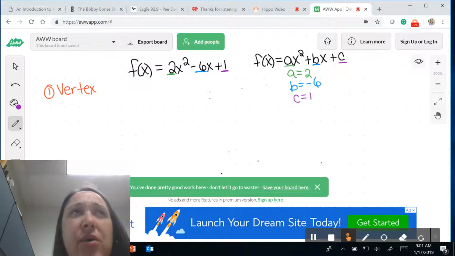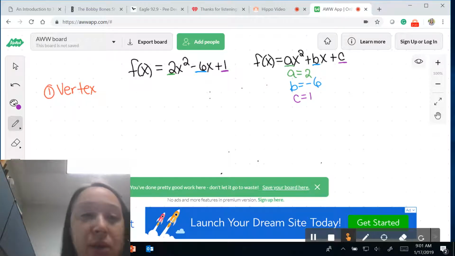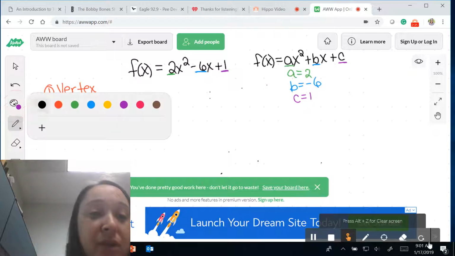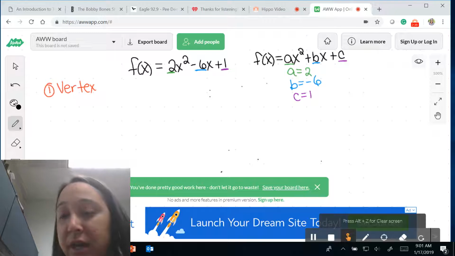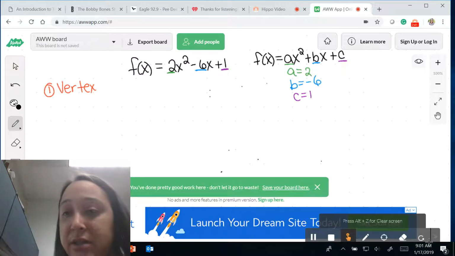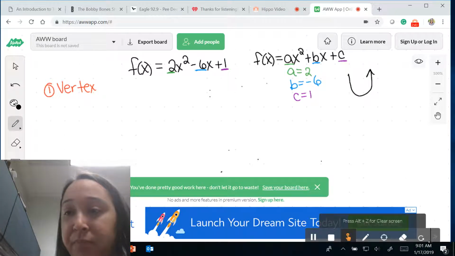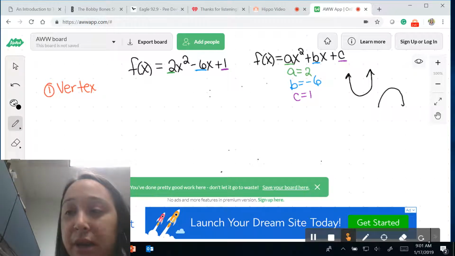So I know that I have a quadratic, and now we know what our A, B, and C are. I want to find my vertex for my quadratic. What is your vertex? If you were to graph a quadratic, it's going to open up or it's going to open down.